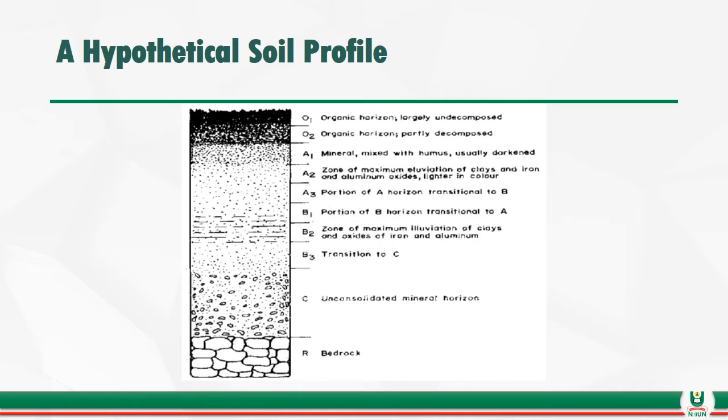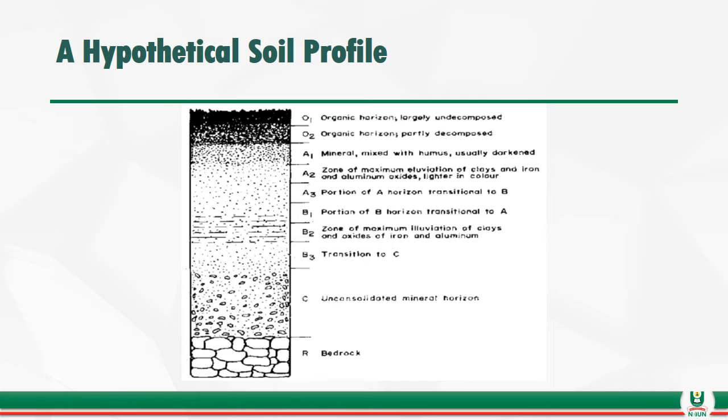These are organic horizons, comprising plant and animal materials deposited on the surface of the earth. Those yet to be decomposed are seen as O1, whereas those that have started decomposing are indicated as O2, partly decomposed.